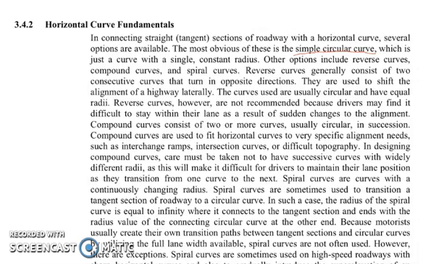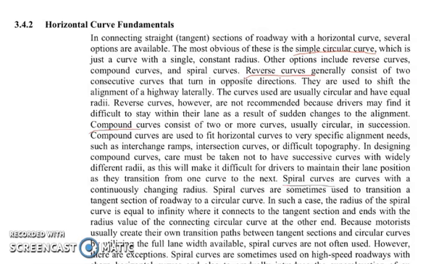Then we have our reverse curve, which generally consists of 2 consecutive curves that turn in opposite directions. And we have our compound curves, which consist of 2 or more curves, usually circular, in succession. It is used to fit a horizontal curve to very specific alignment needs, such as interchange ramps, intersection curves, or difficult topography. And the last one is our spiral curve.